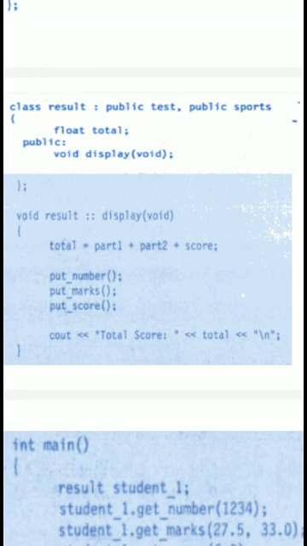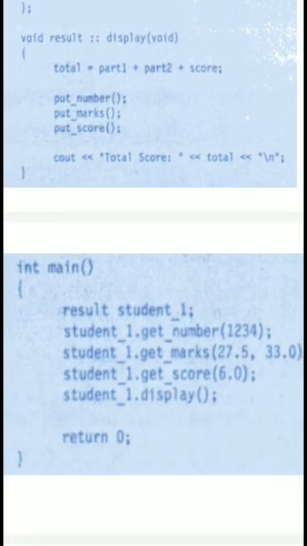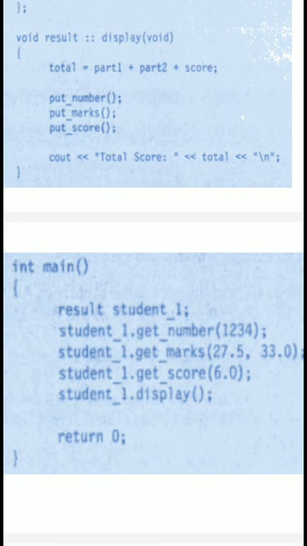And in main we are creating the object of only one class, that is result, because all the data members and member functions are available in the result class, since that is the child class. And the member functions we are calling here using the object student1.